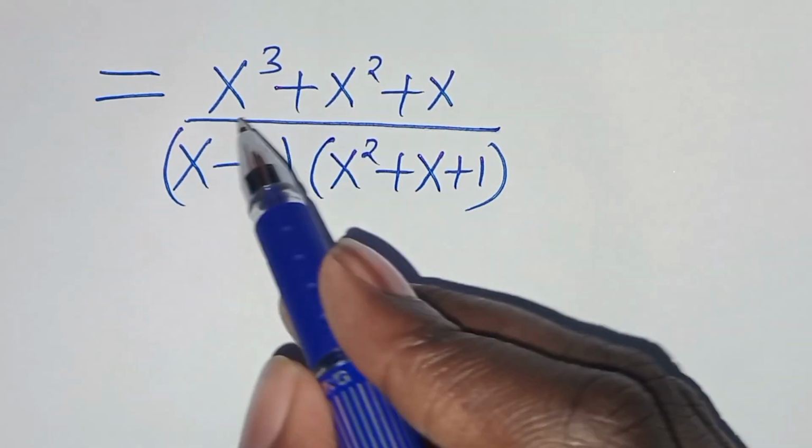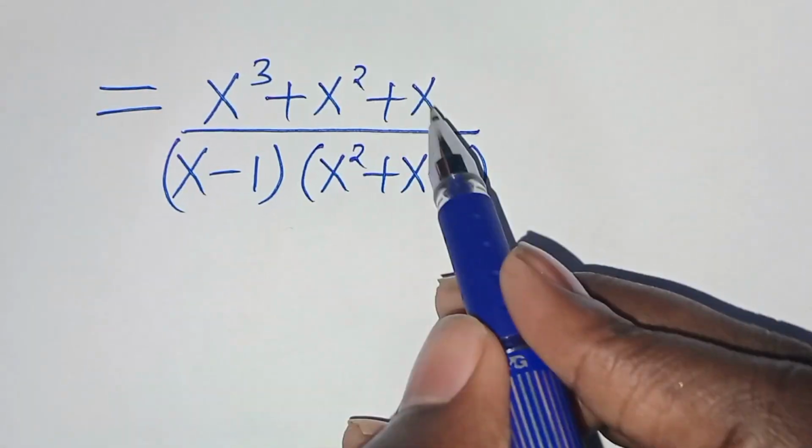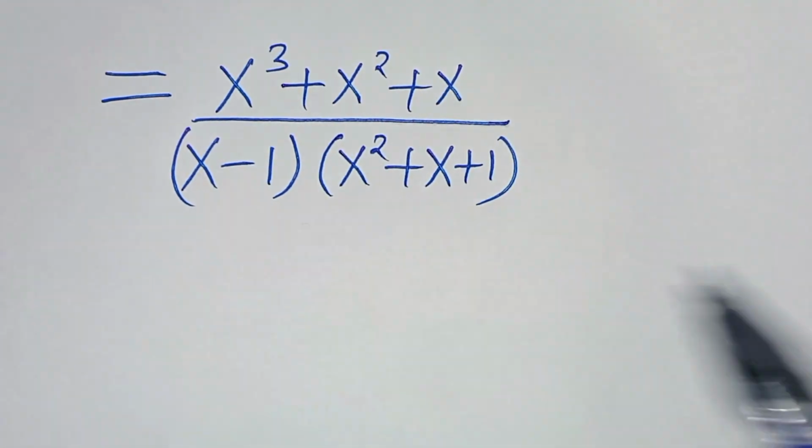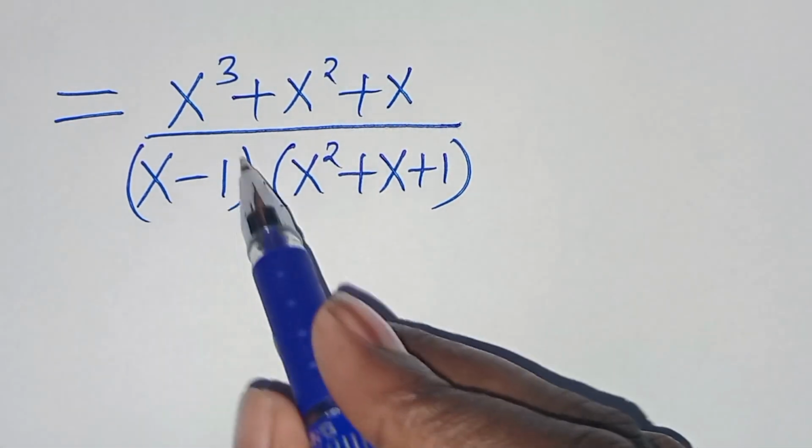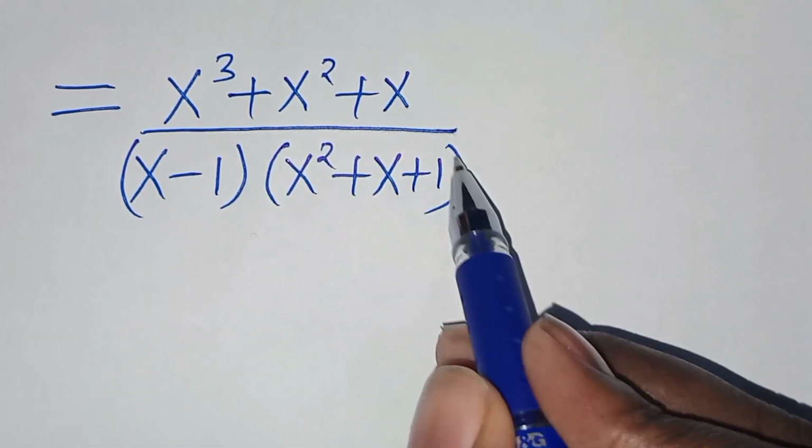Now, in the numerator, we have x to the power 3 plus x squared plus x, and in the denominator, we have x minus 1 times x squared plus x plus 1.